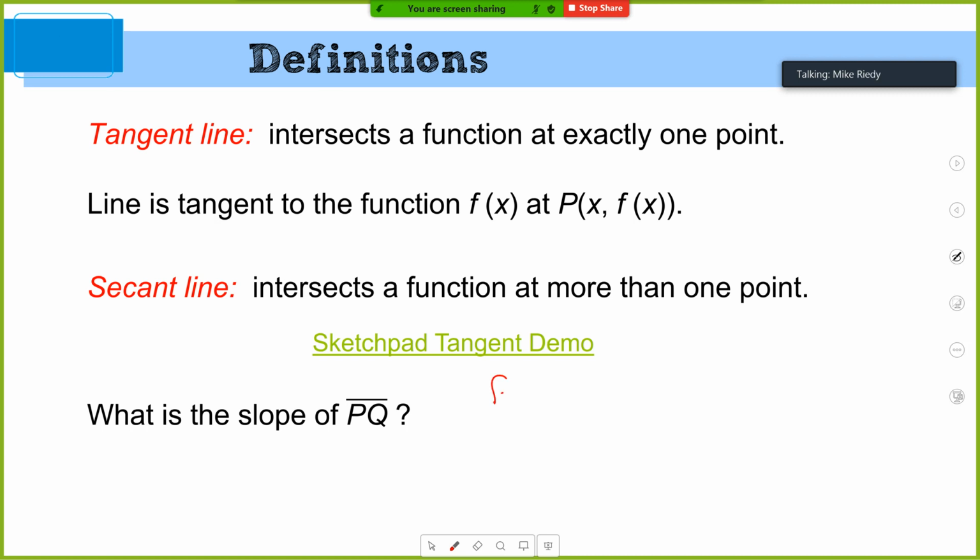So that would be f of x plus delta x, the y value of Q, minus the y value of P, over the x value of Q minus the x value of P. Okay, and that's the slope.